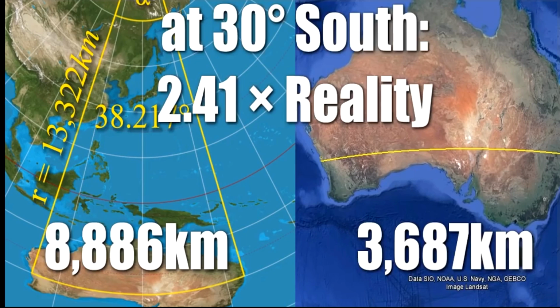And you see, reality is that anybody can drive across Australia with a car, and they can use their GPS, they can use their odometer on their car, and they can tell that Australia is only about 3,687 kilometers. So with regards to your flat earth map, it's 2.5 times reality. We need a map with a scale. Let's answer those two challenges, challenge 1 and challenge 2. Let's not just come up with some idea that tries to say maybe it could be this way without coming up with a real map and a real scale.